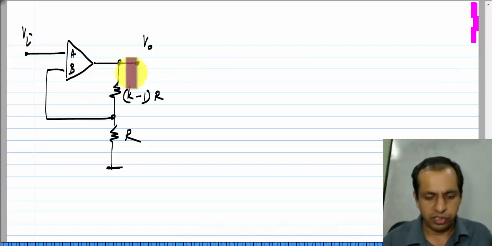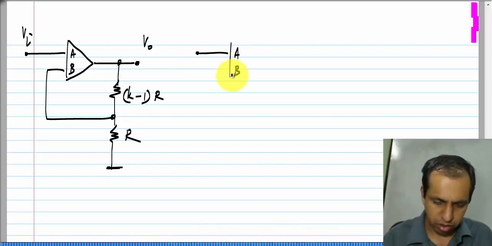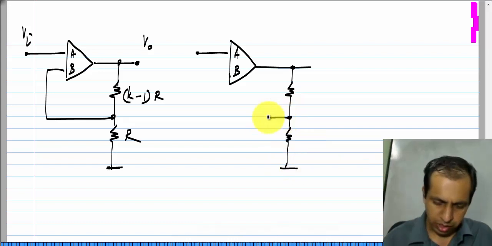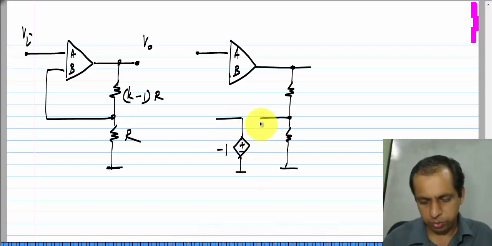A very trivial example of that I am going to show now. So, let me modify this circuit slightly, and let me insert a voltage controlled voltage source of gain -1 in feedback.